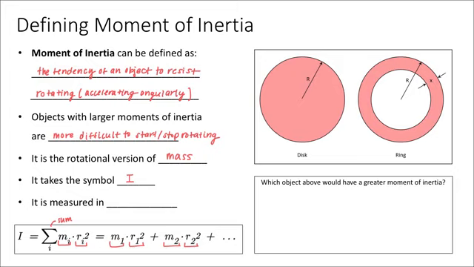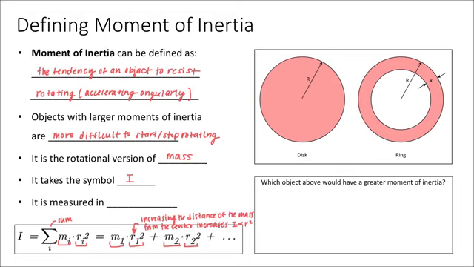But the idea is correct here. The moment of inertia is proportional to the mass and how far that mass is placed from the center. And you notice because r is being squared here, as you increase the distance that mass is placed from the center of the object, we're increasing the moment of inertia exponentially.